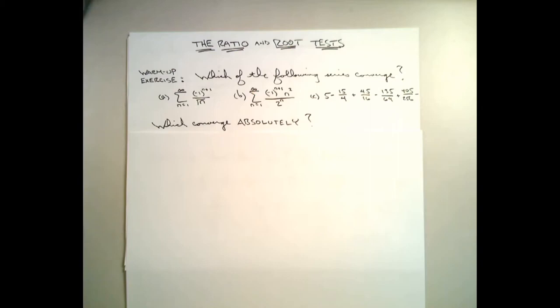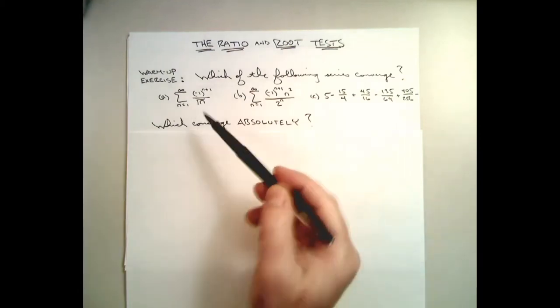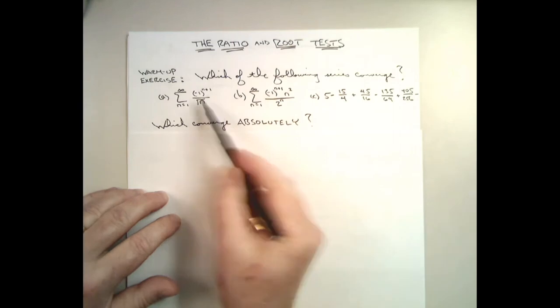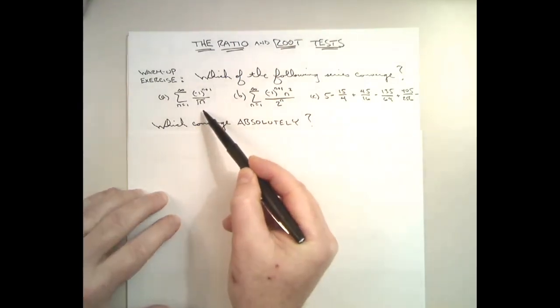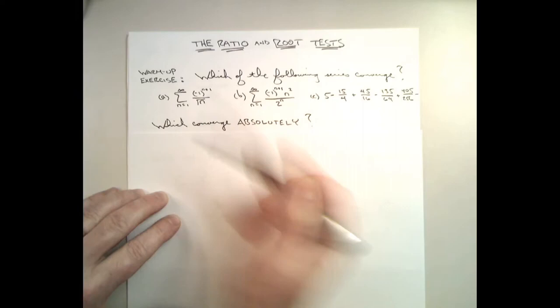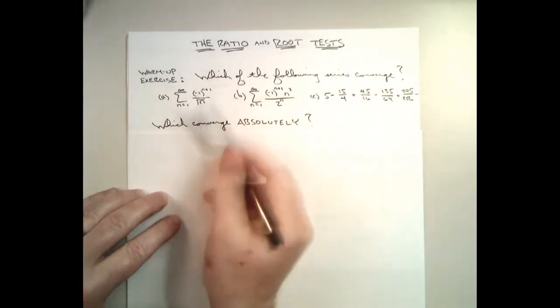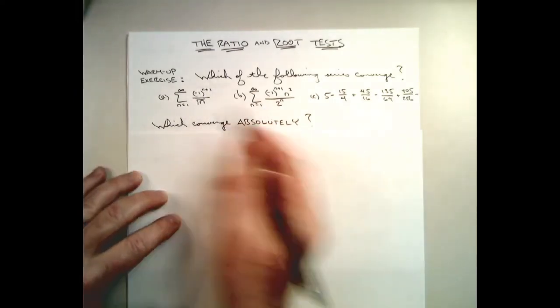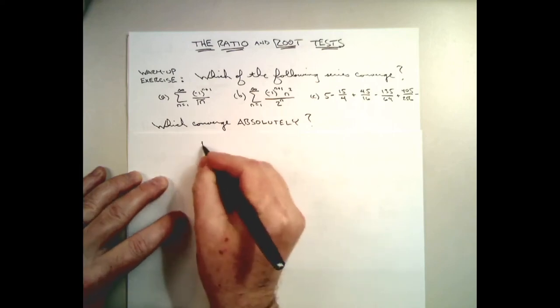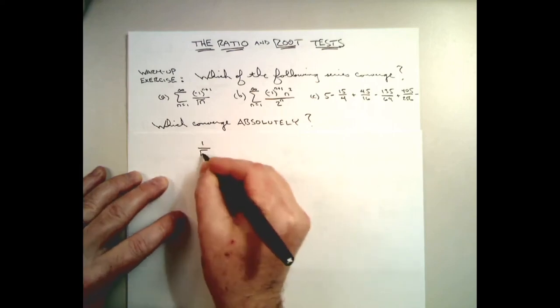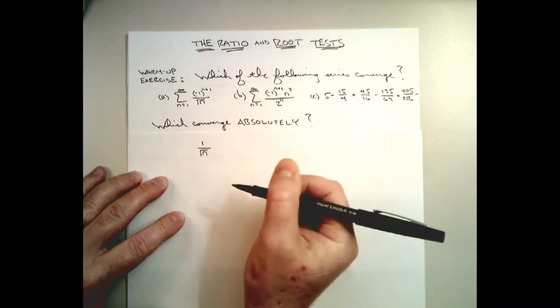Okay, so let's talk about these. This first series, let's see. So clearly this is an alternating series, and I think it's also pretty clear that if we looked at the individual terms of the series without the signs, the nth term looks like 1 over the square root of n.